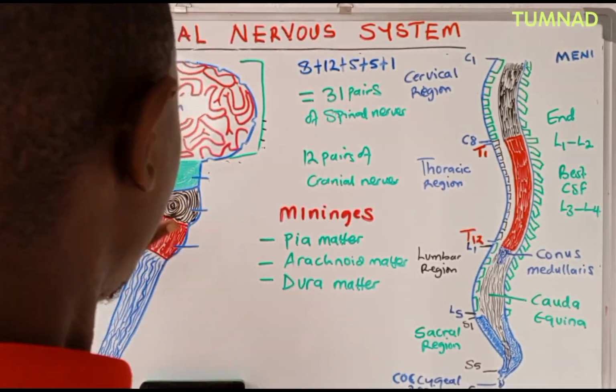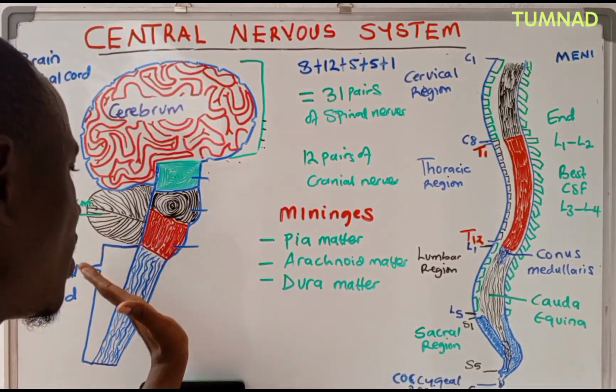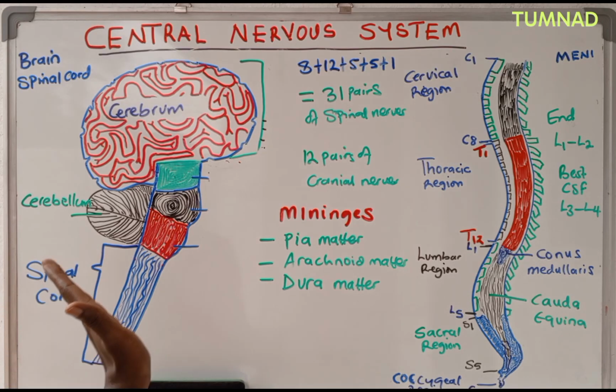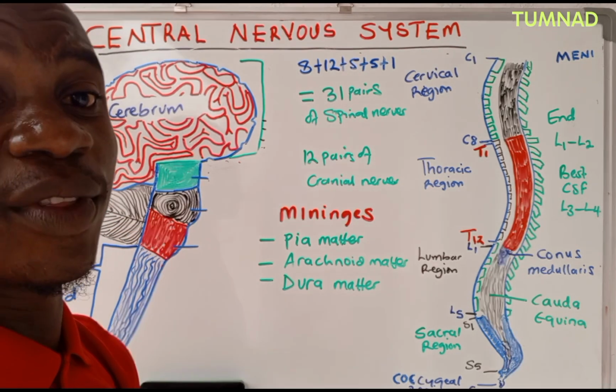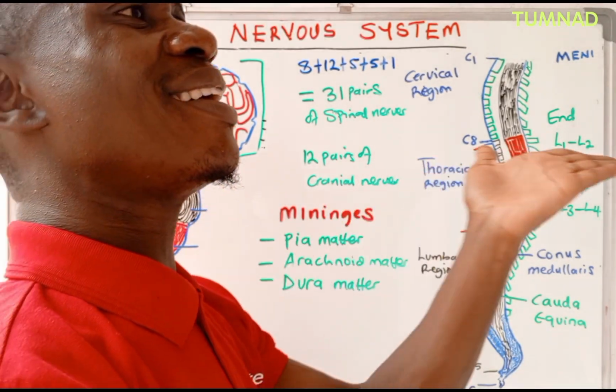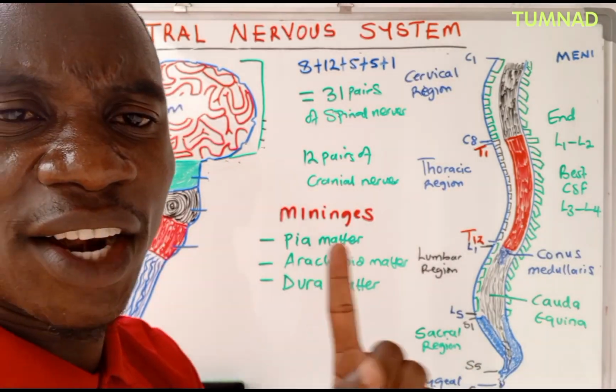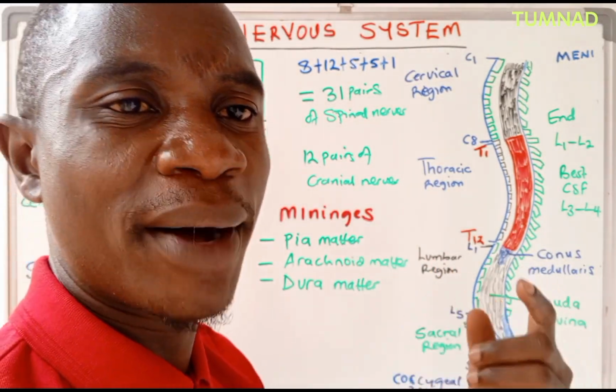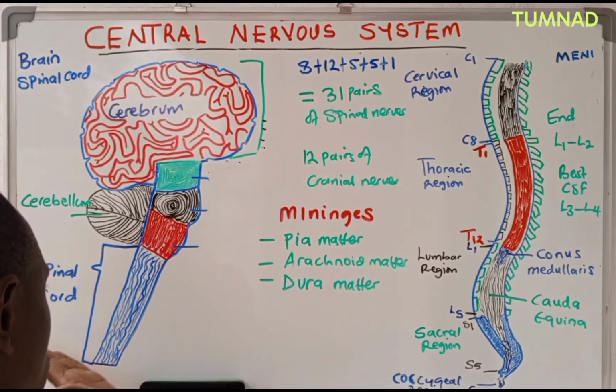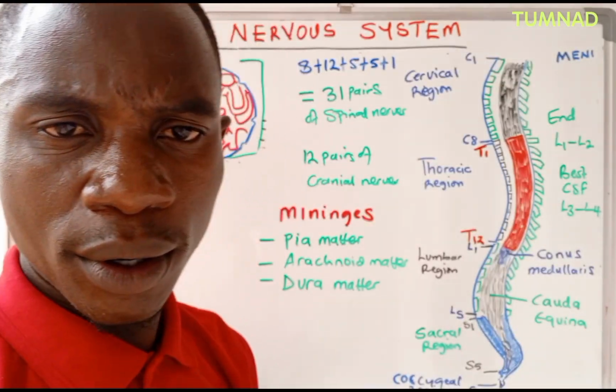From the medulla oblongata downward, we have a tube that moves all along and ends between L1 and L2, which is the lumbar region. We call the whole of that tube the spinal cord.